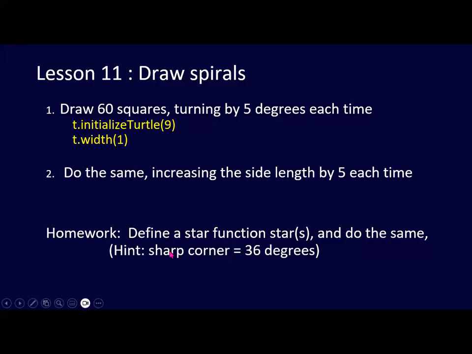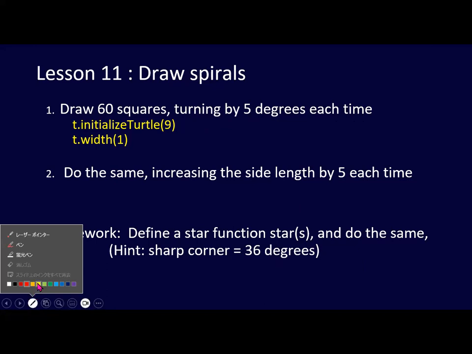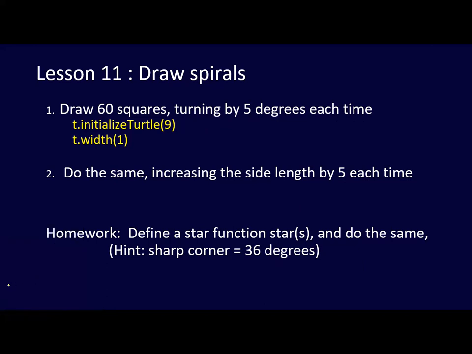Last one was: draw 60 squares turning by 5 degrees each time. We did that. The homework was also increasing the side length, and then defining a star function, star S, and doing the same. Okay, let's do that.